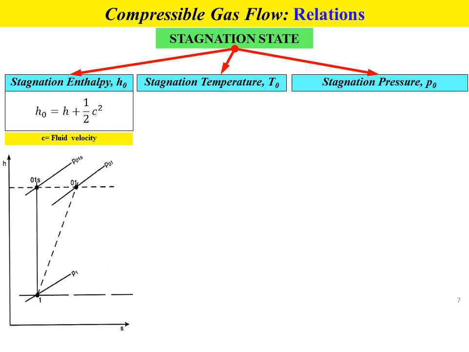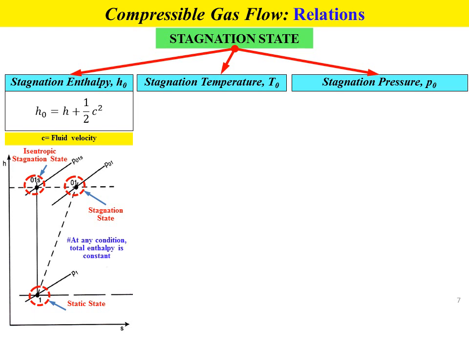Okay, so this figure just wants to show the relationship between H and S, and also the difference between different states. For example, state number 1 represents the static state, state 01 represents the stagnation state, and state 01S represents the isentropic stagnation state, which refers to the ideal process or ideal case.